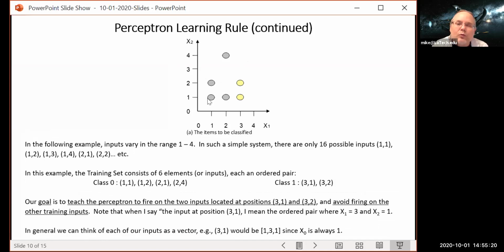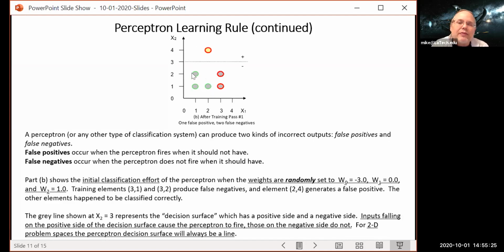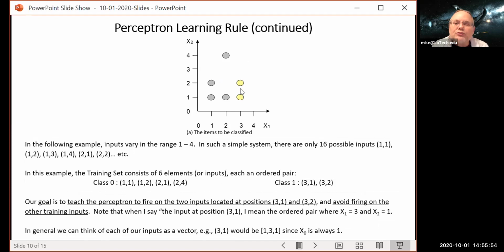So these three inputs, (1, 1), (2, 1), and (1, 2), just so happen to be correctly classified, so they have little green circles around them, meaning, oh, these guys are correct right now. This guy has a red circle because it's mischaracterized, and it's yellow because it misfired, okay? These guys over here are gray, which means they didn't fire, and they've got red circles around them because they're incorrectly classified. You were supposed to fire on these guys, and you didn't.